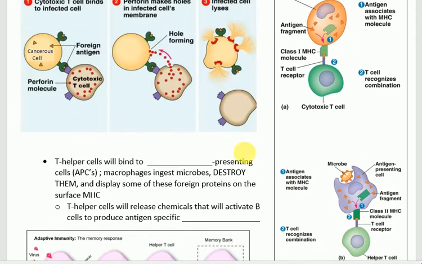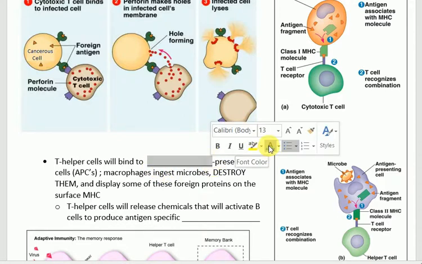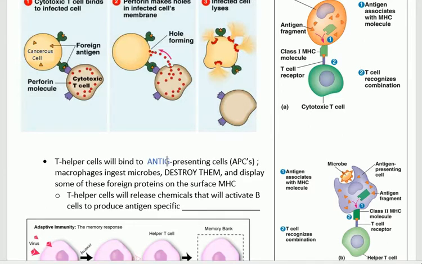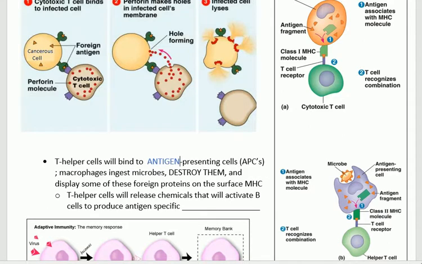So our T helper cells, they are going to bind to the antigen-presenting cells, and then the macrophages will ingest the microbes and destroy them, and display some of the foreign proteins on the surface.